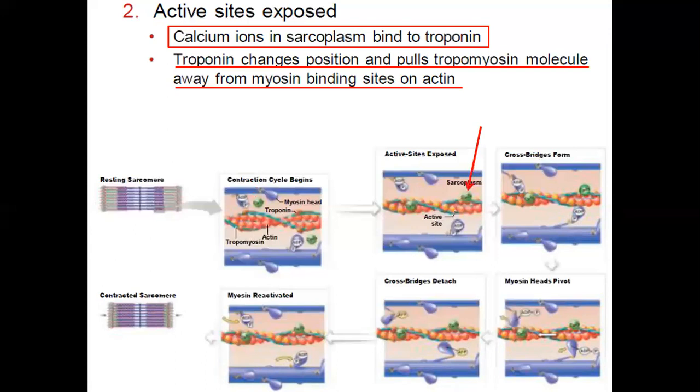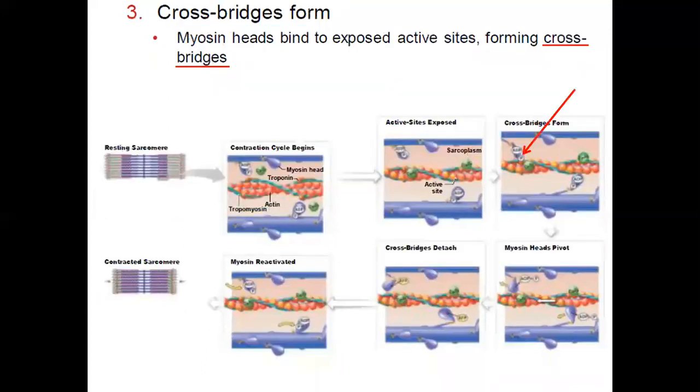And if tropomyosin is now out of the way, myosin can bind. And it does. Myosin heads bind to actin, and that formation is called forming a cross bridge. So when myosin binds to actin, a cross bridge has formed, right?